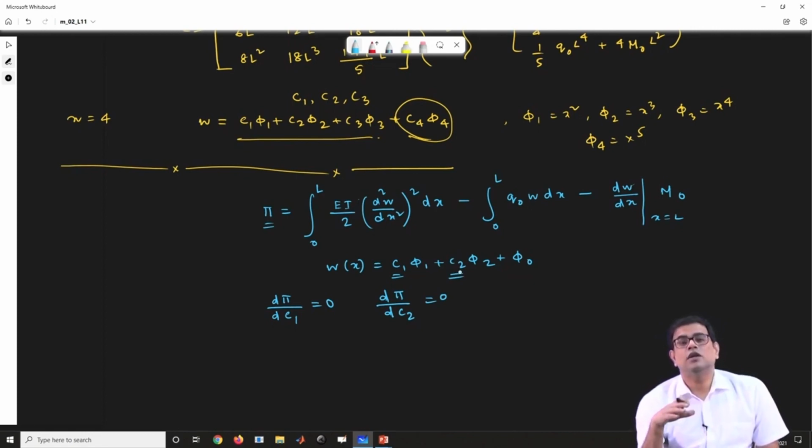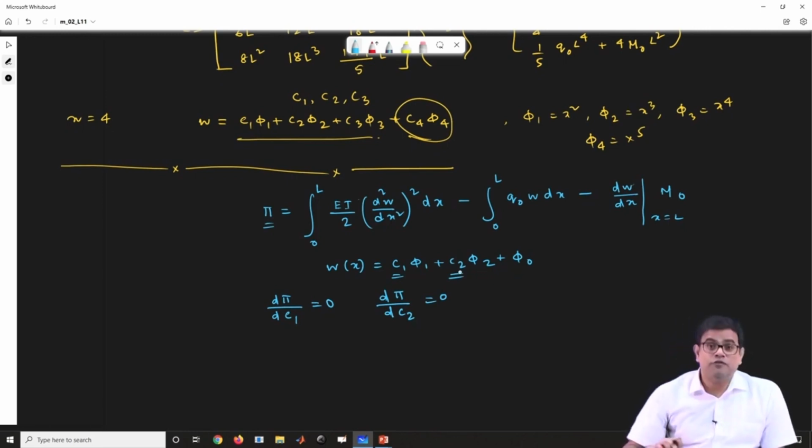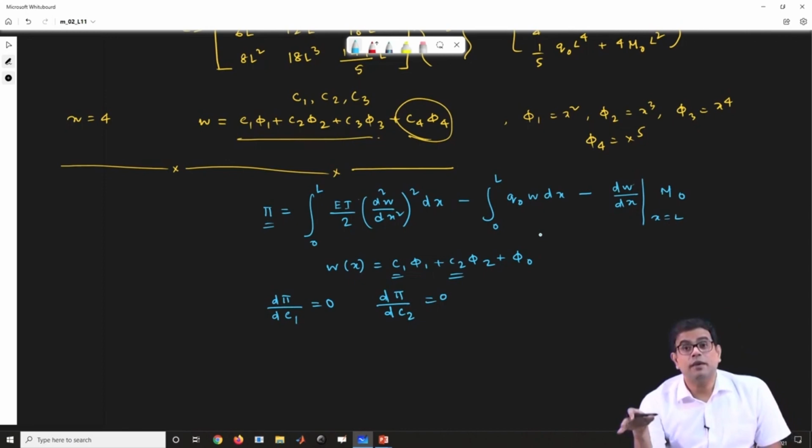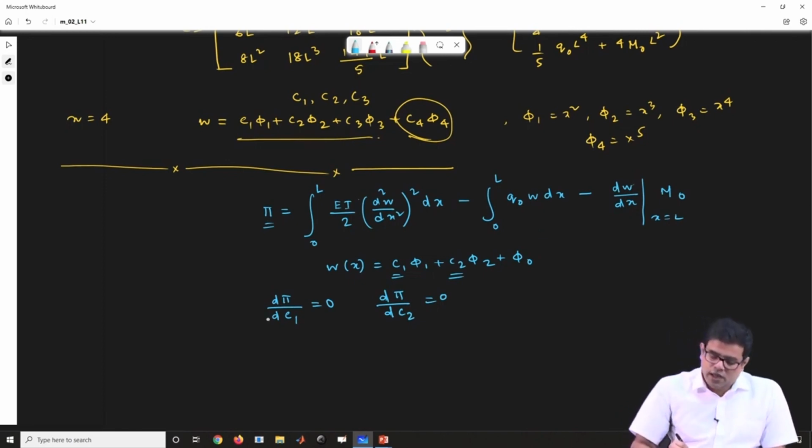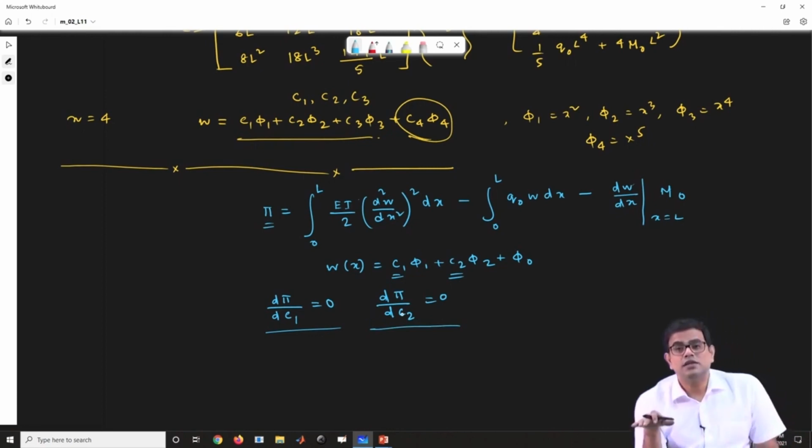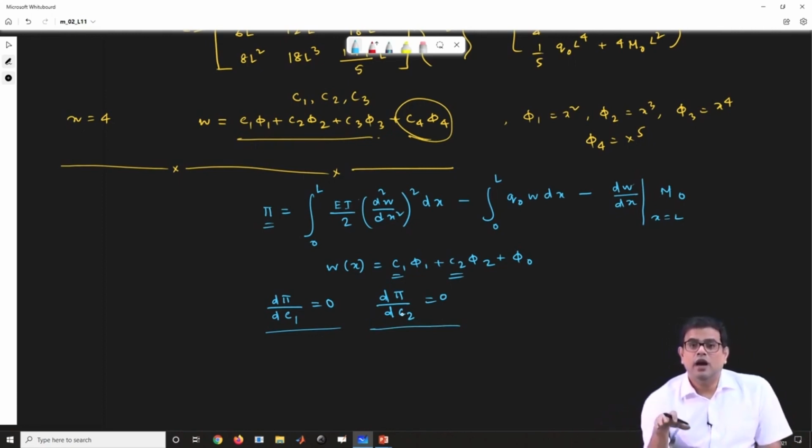With the same approximating function, the weak form as well as potential energy minimization will lead to the same solution. You can check that if I do this, we will get the same set of equations, and then the same solution that we obtained earlier via the weak form.